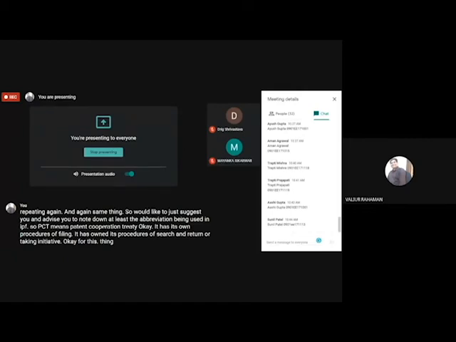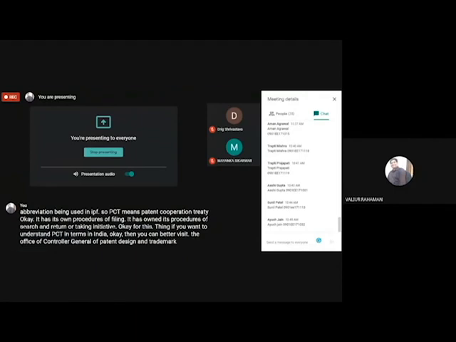If you want to understand PCT in terms of India, then you can better visit the Office of the Controller General of Patents, Designs and Trademarks. This is one of the most important websites.